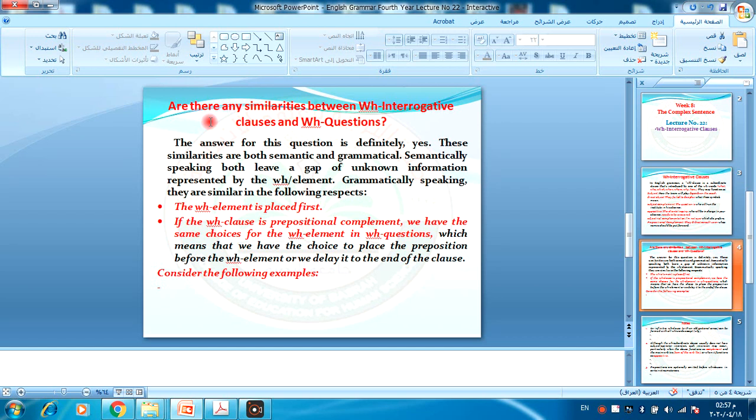So first one, the WH element is placed first, in WH questions as well as in WH interrogative clauses.